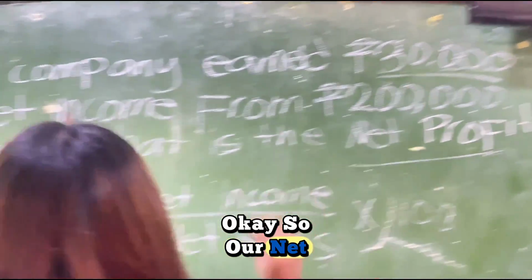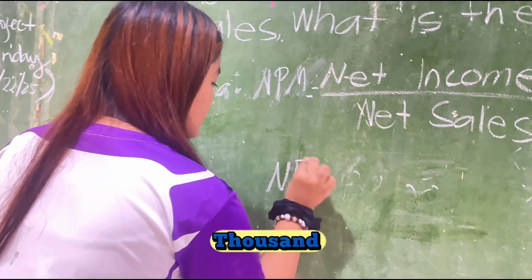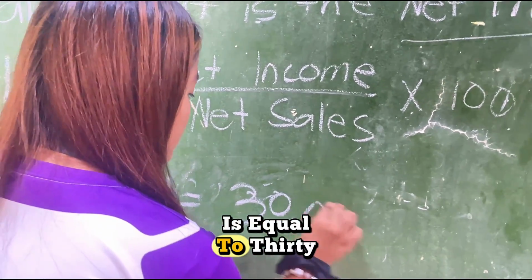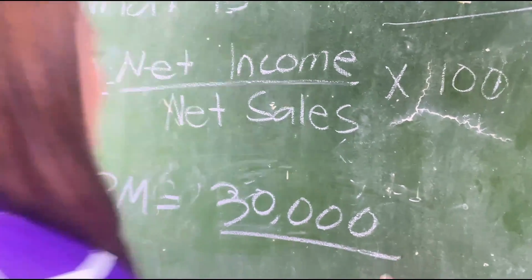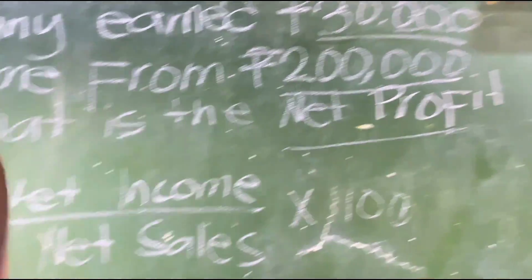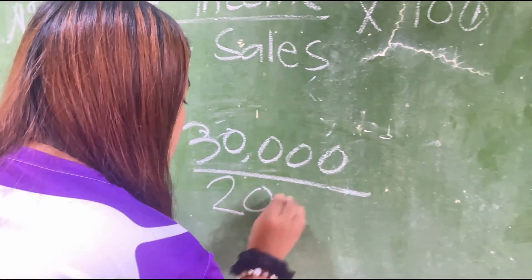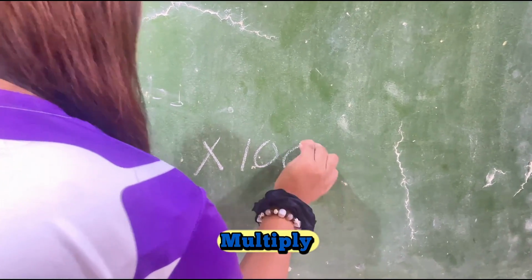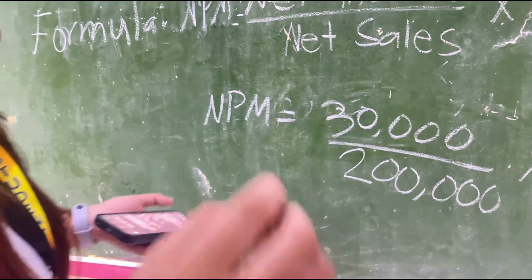Okay, so our net income is 30,000. NPM is equal to 30,000 over our net sales, which is 200,000, and bring down the multiply by 100.